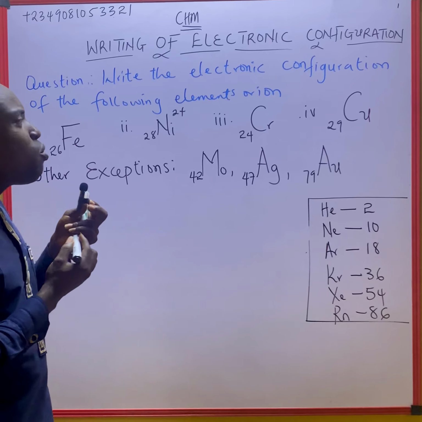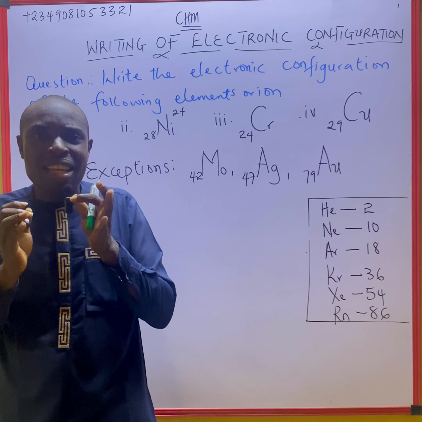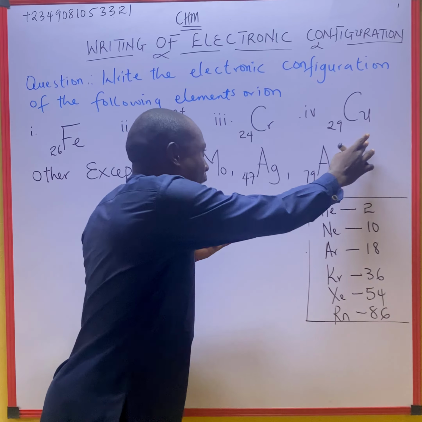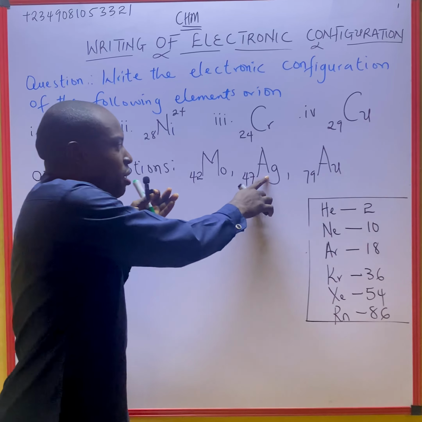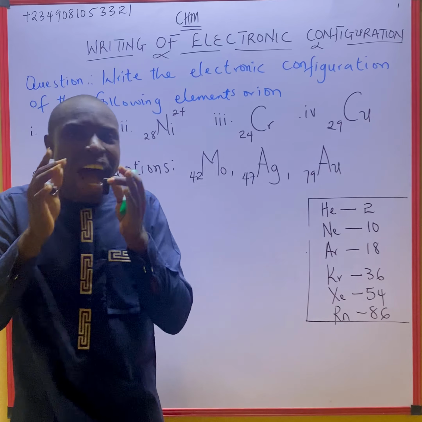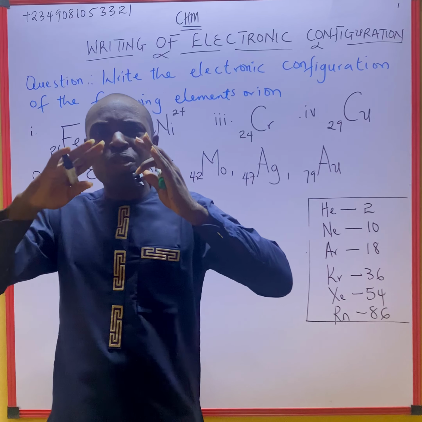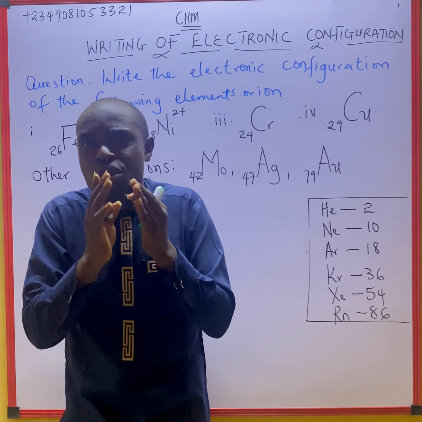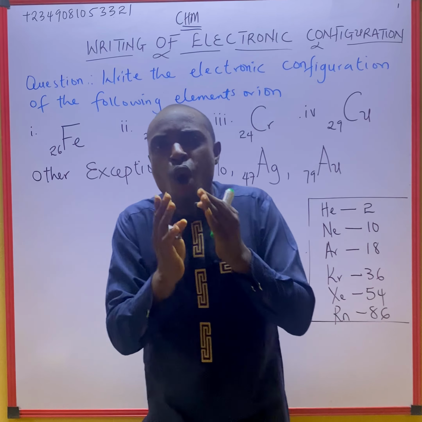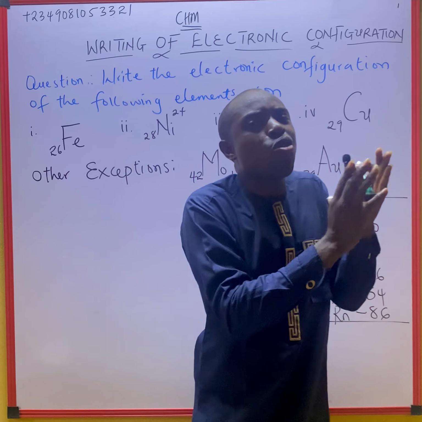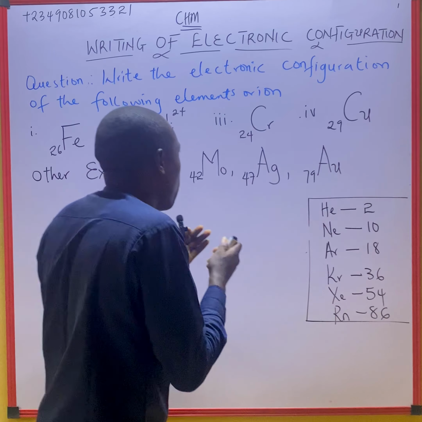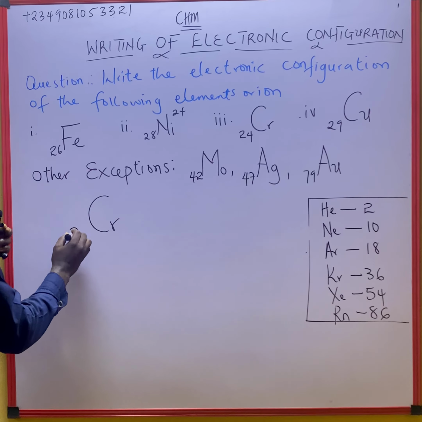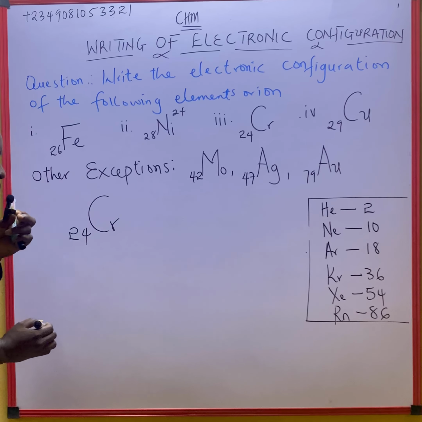Now this is where my focus is. Chromium, copper, molybdenum, silver, and gold are one group of transition elements that are exceptions to the rule, meaning they do not follow your normal regular rule. For example, chromium has atomic number 24.